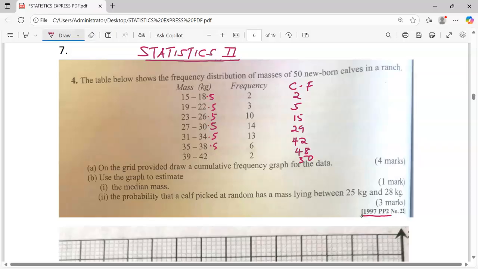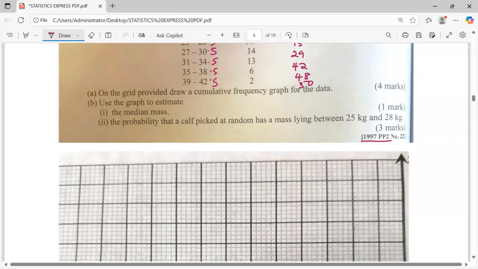After doing that, now we go to the grid. We are drawing the cumulative frequency curve, also known as an ogive.